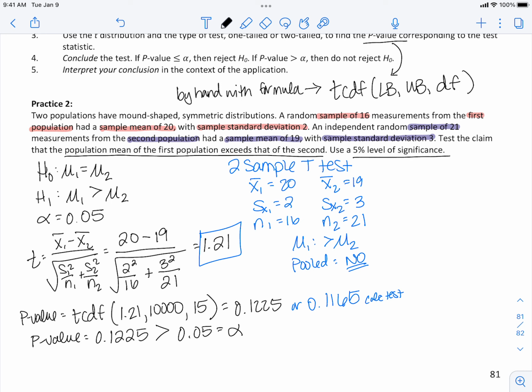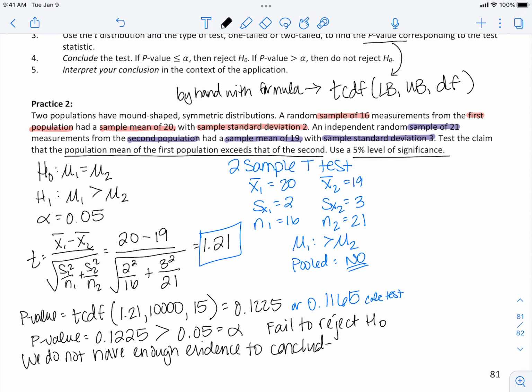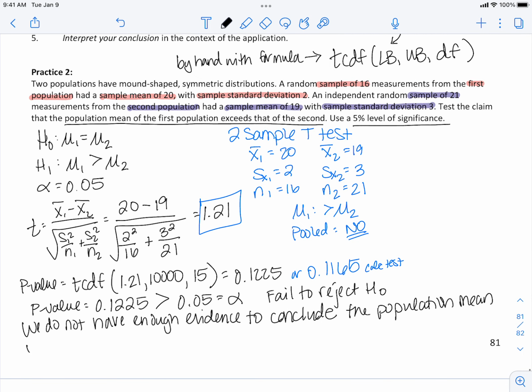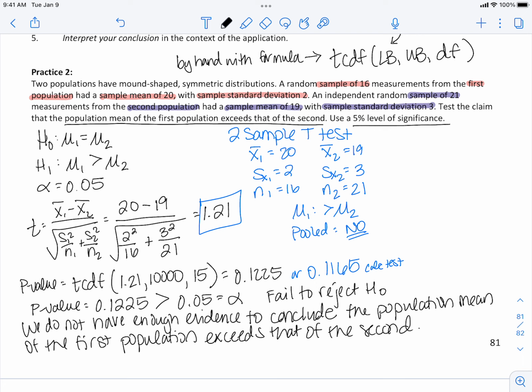Because our p-value is greater than alpha, we fail to reject the null hypothesis, which means we do not have enough evidence to conclude the population mean of the first population exceeds that of the second.